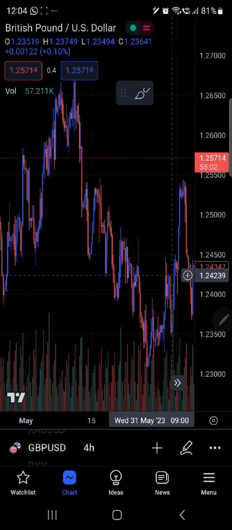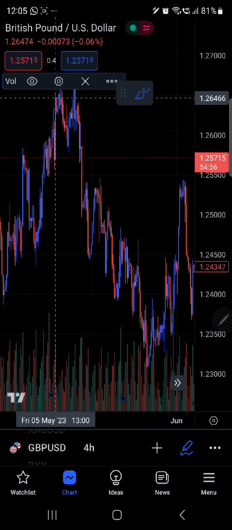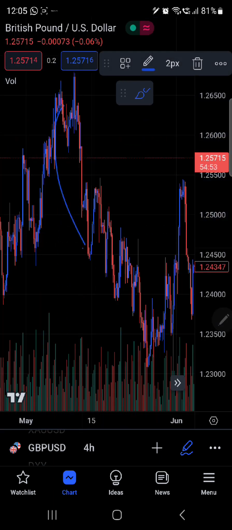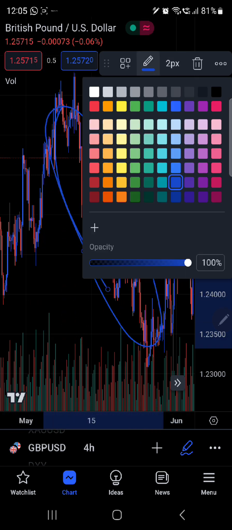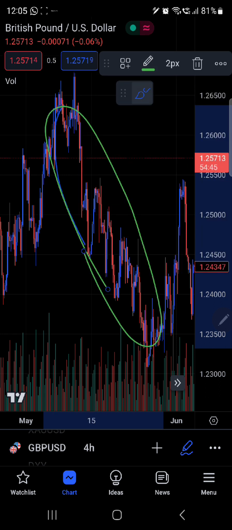So guys, can you see there is a big drop? When the US dollar gets stronger, the British pound drops, because the US dollar was stronger than the British pound at that certain point of time. So this is how you relate the US dollar index with GBP USD.